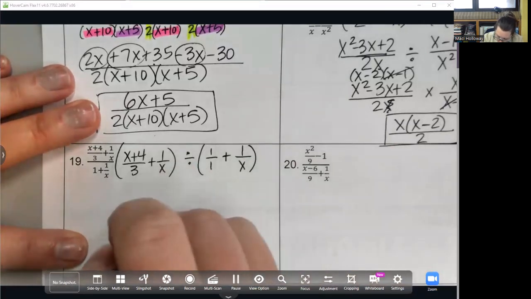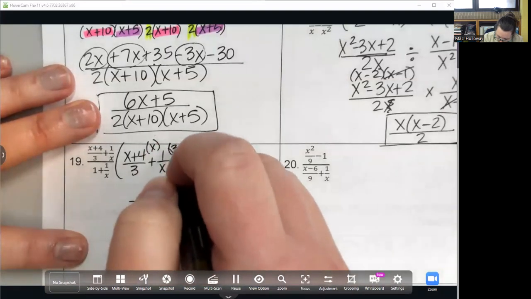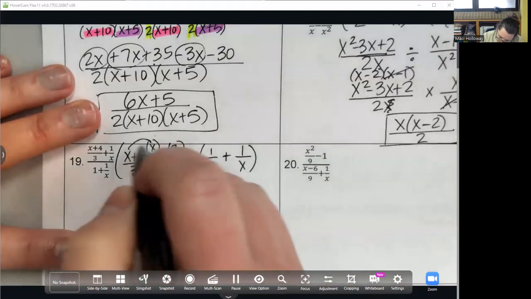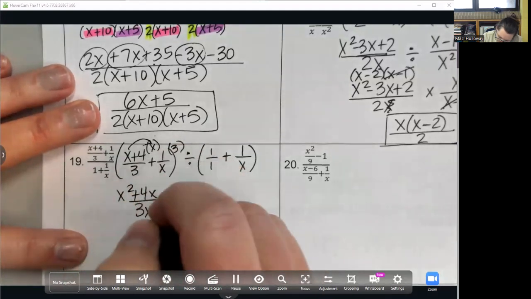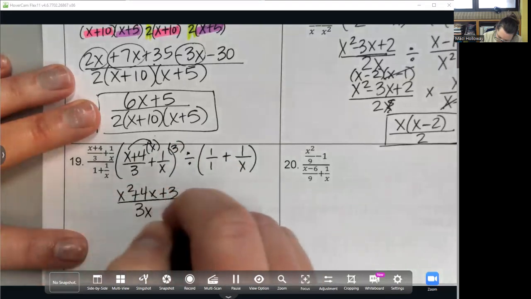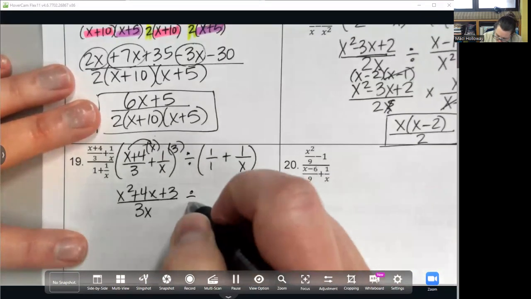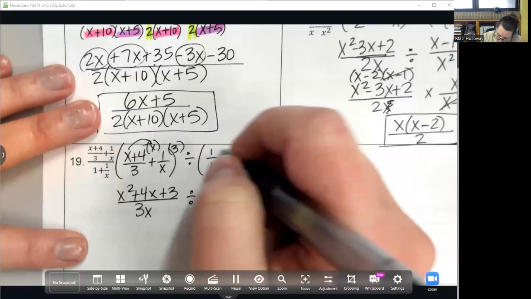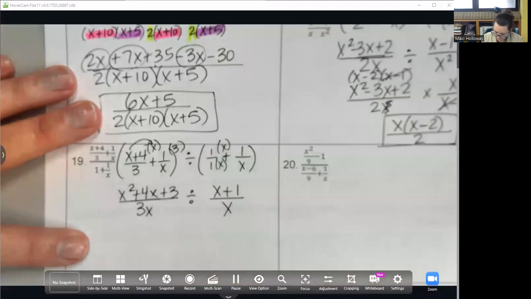Common denominator here is 3x. This guy needs an x. This guy needs a 3. So distribute: x squared plus 4x, and then we have 3 times 1 is 3. All right, common denominator here is x. This guy needs an x. So we have x plus 1.